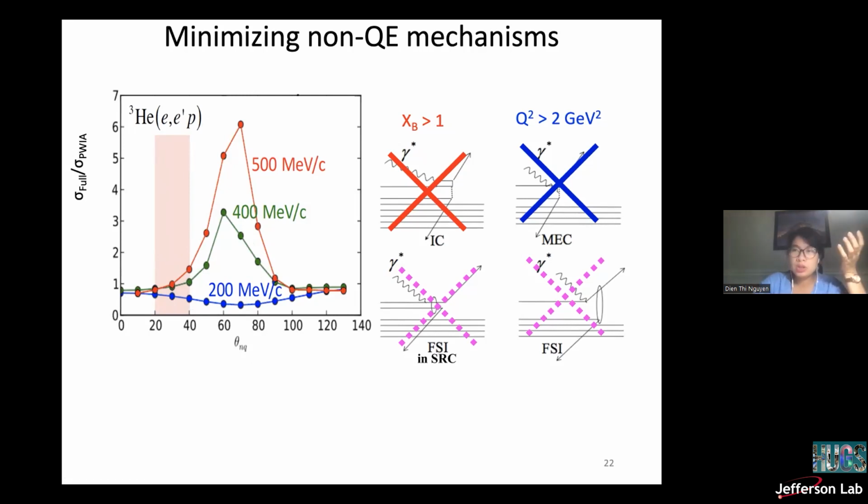So in our measurement, we are going to use this information to select data smaller than 40 degrees. By selecting this specific kinematic region, we will be able to put a constraint on the contribution of the non-quasi-elastic mechanism, so that we can get closer to the plane wave approximation picture and have sensitivity to study nucleon structure inside nuclei.